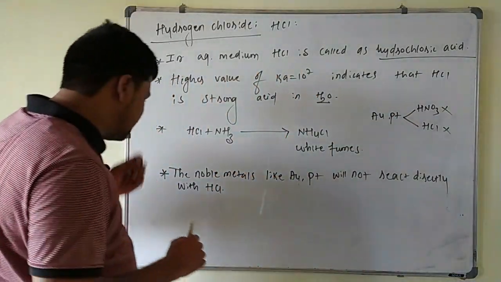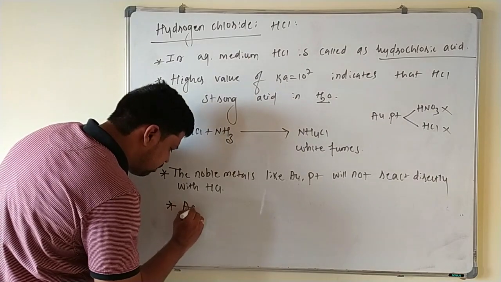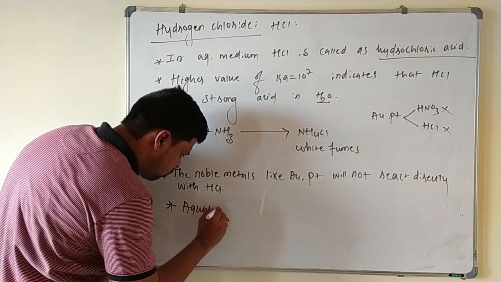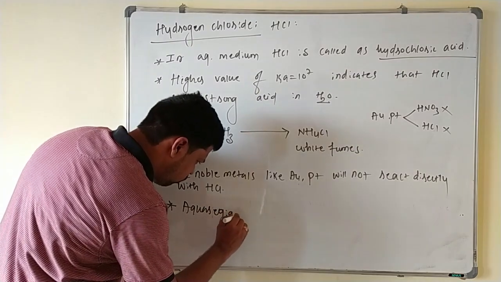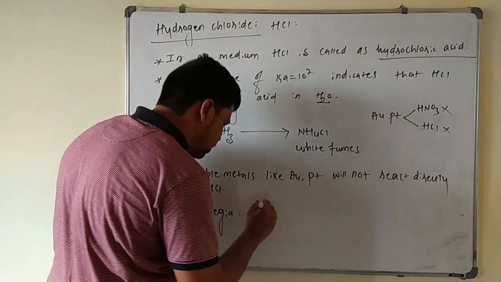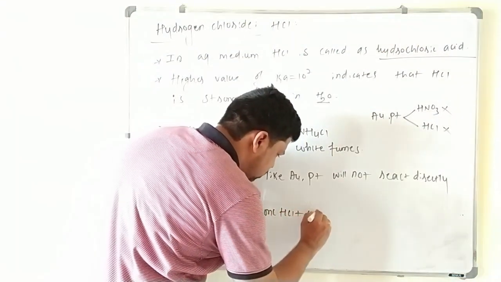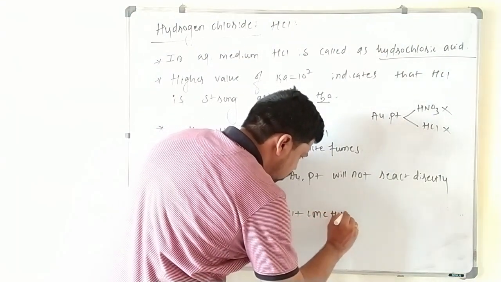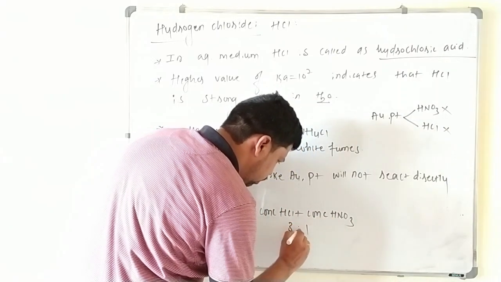So what is aqua regia? Already we have discussed in group 15. Aqua regia, it is a 3:1 mixture of what? Concentrated HCl plus concentrated HNO3 in the 3:1 ratio.